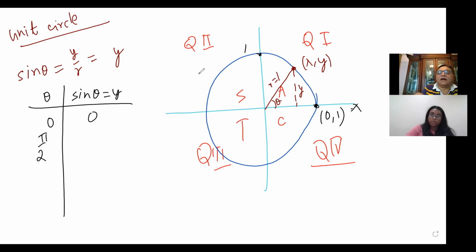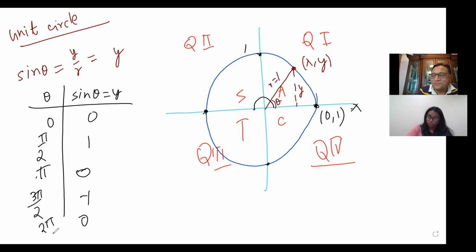And the y value is 1. As it comes here, theta becomes pi, correct? And the y value becomes 0 once again. When you move further, it is 3 pi by 2, and the y value is minus 1. And then when you come back to this point, that means when you make your full circle of 2 pi, it comes back to 0. You see that?